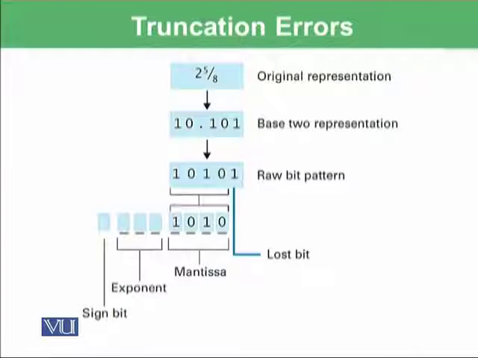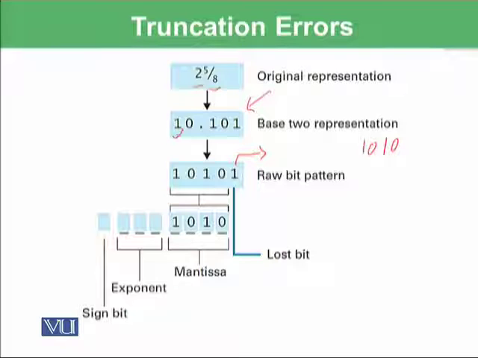So we want to store 2 whole and 5 by 8 as a fractional number. If we translate it, we will get 10.101. In our example, we had only 4 digits in the mantissa, so we can store 1010, but this last bit cannot be stored in the mantissa as we start from the left side.